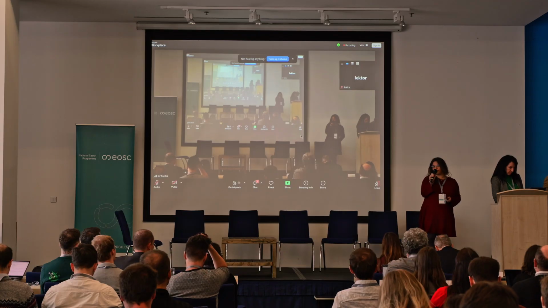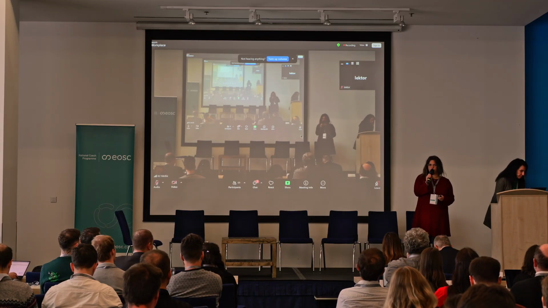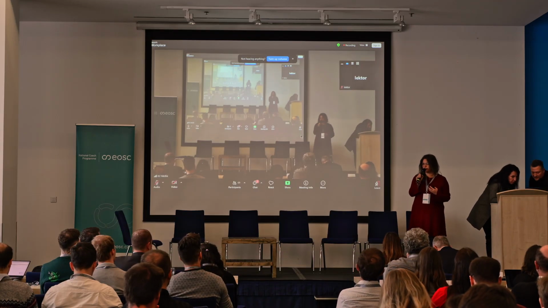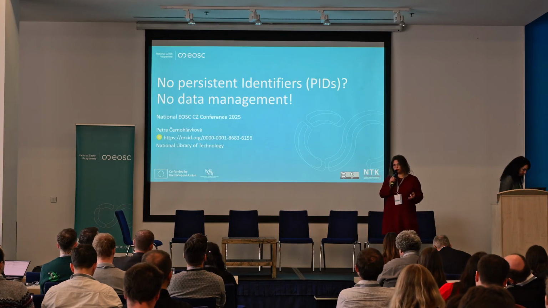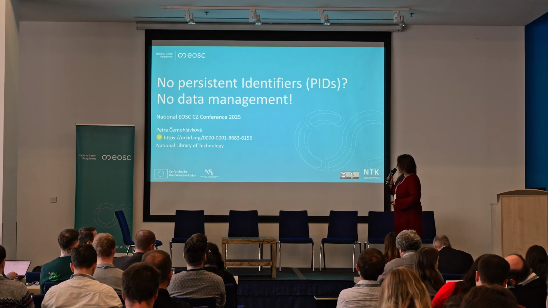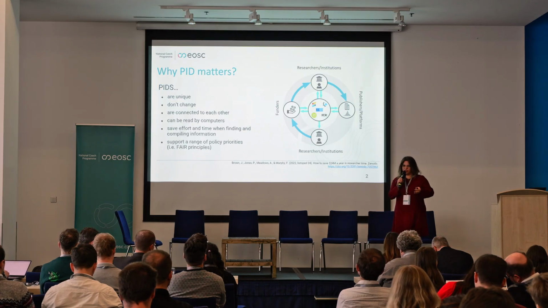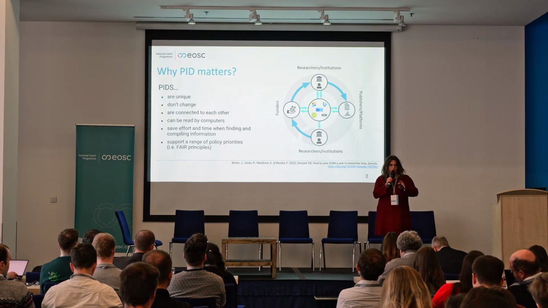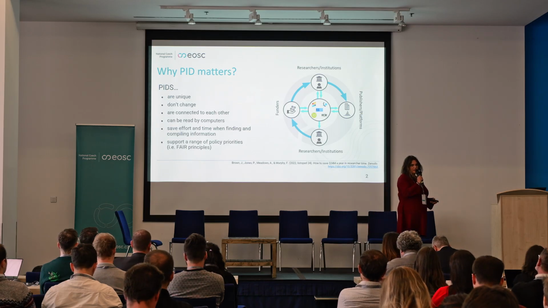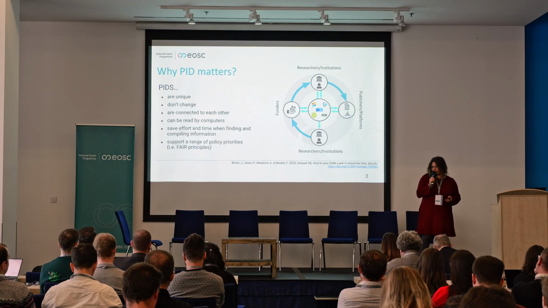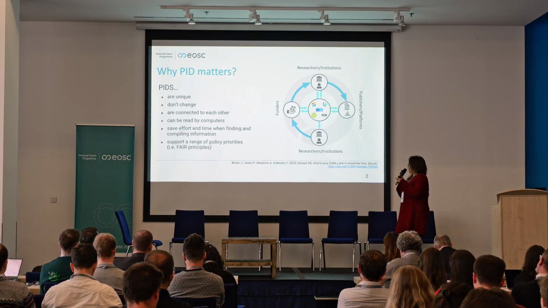Hi everyone, I will give you a little talk about the role of persistent identifiers in data management. You have probably all heard of persistent identifiers, usually known as a URL or just an ID, some code, and it's something minor, right? But why does that matter?